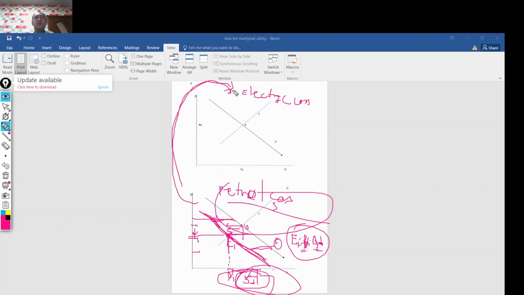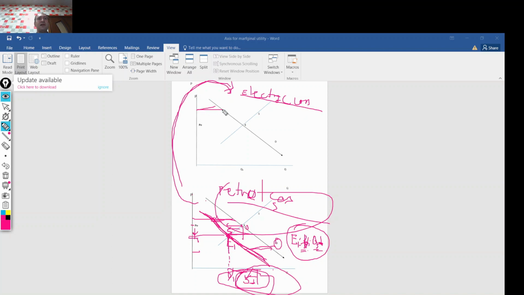You decide to buy more. Generally, everyone decides to shift their preference from petrol cars to electric cars. You switch from petrol to electric. And in connection with that switch, for every price on the electric car market, now we're analyzing the electric car market, the new demand will be higher.